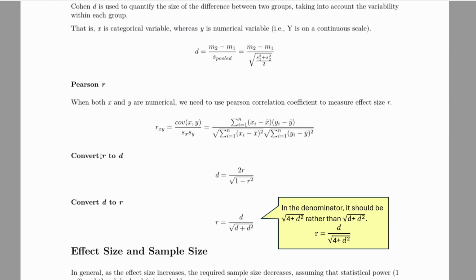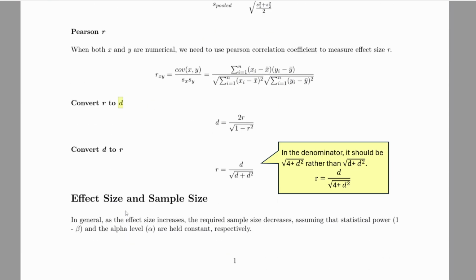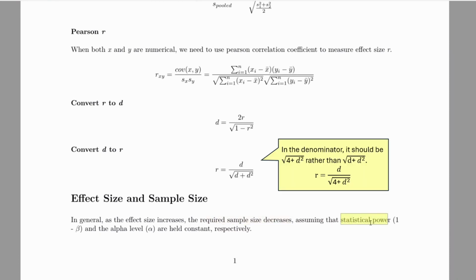For instance, you can convert the Pearson correlation r to Cohen's d or vice versa. The basic conclusion about effect size and sample size is that as the effect size increases, the required sample size decreases. We are assuming the same statistical power and alpha level.